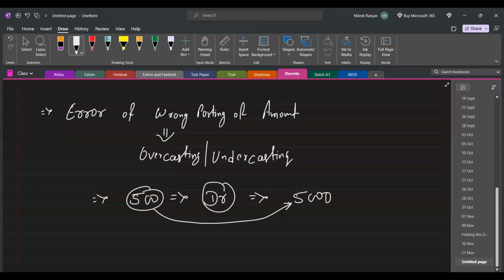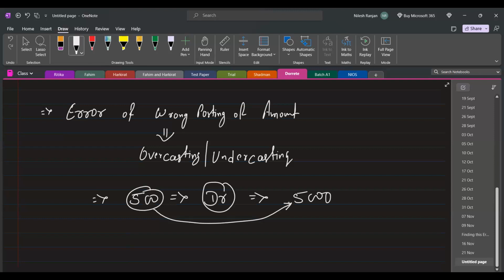So how much is the difference? 4,500. So it is more by 4,500. On the debit side, you have written 4,500 more. So to correct it, you just write this amount on the credit side, on the opposite side.